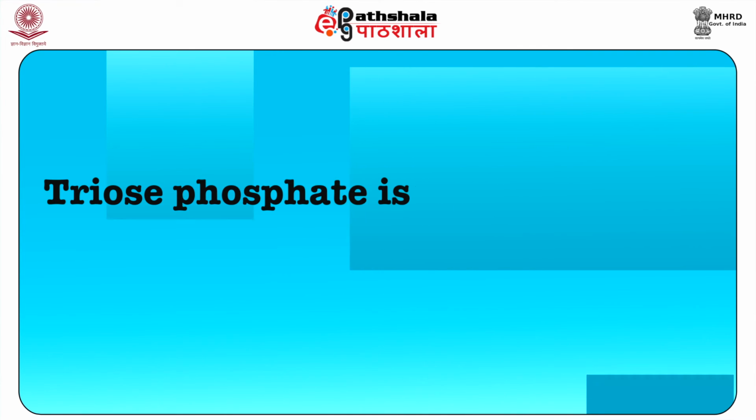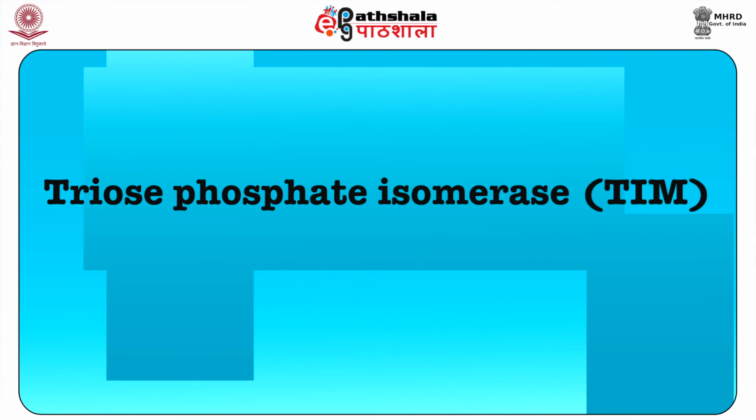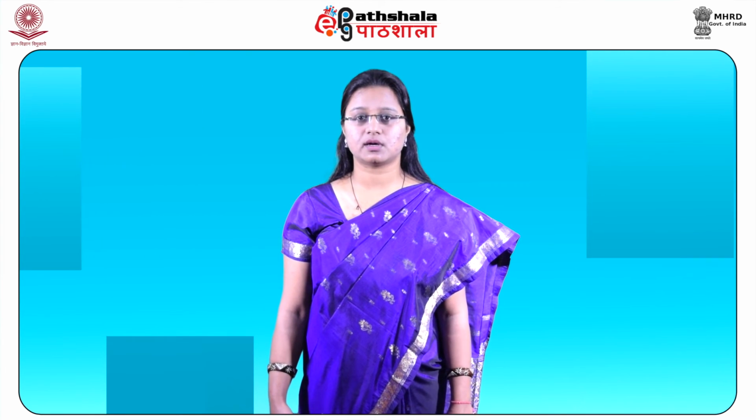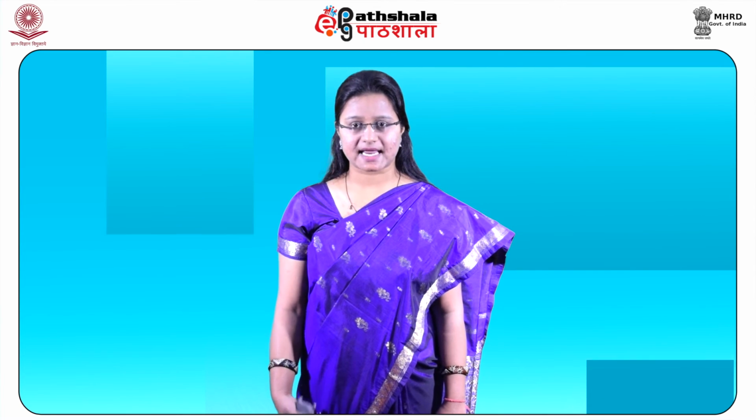Another example is triose phosphate isomerase. The proteins with a lot of asparagines or glutamine are thermolabile. Why? Because at elevated temperatures, these amino acids are going to get converted into aspartate and glutamate with release of ammonia. So this triose phosphate isomerase has many asparagine residues.